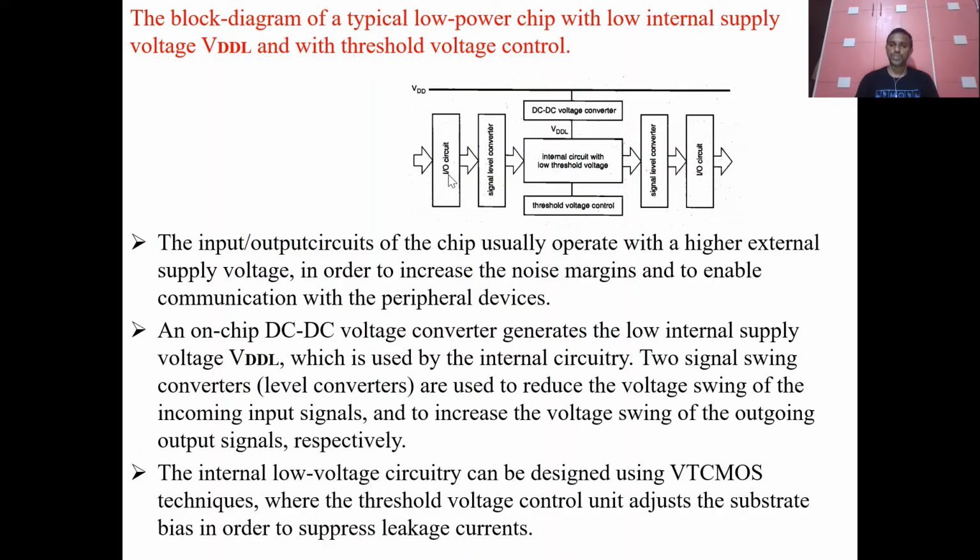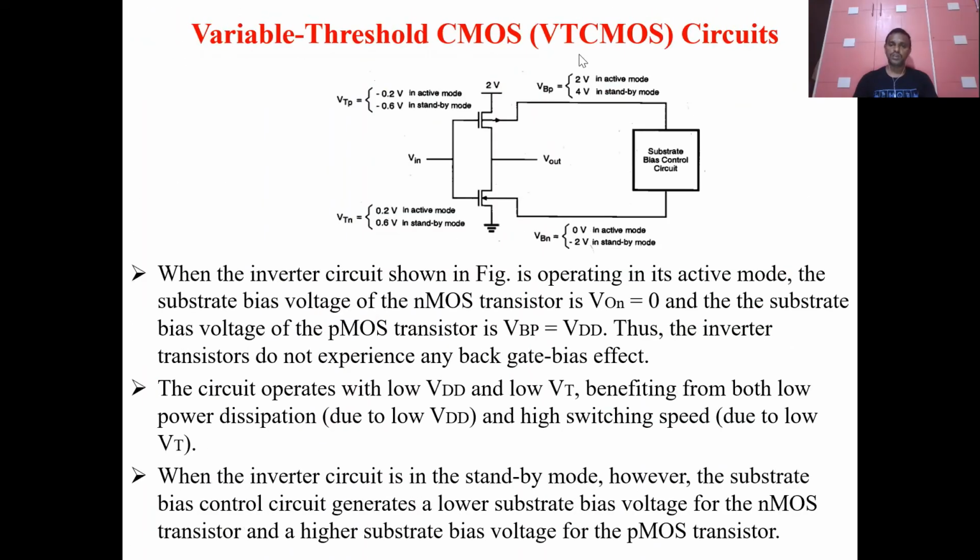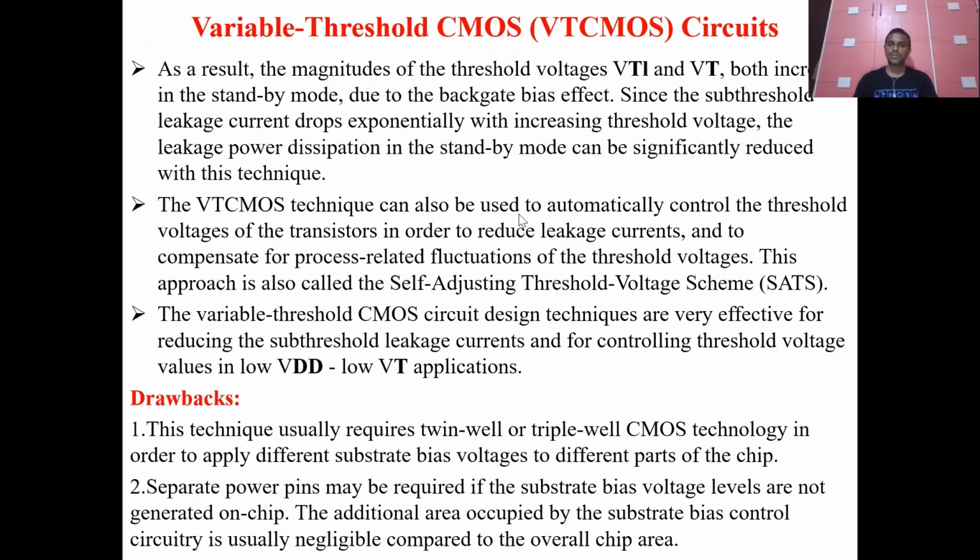In the input-output circuit, we have signal level converters at the input side and at the output side. At the input side, we are getting some signal, so that signal level we have to decrease, and we apply it to the actual internal circuit with low threshold voltage. Whatever we have considered, the CMOS inverter circuit here, this is the internal one, right?